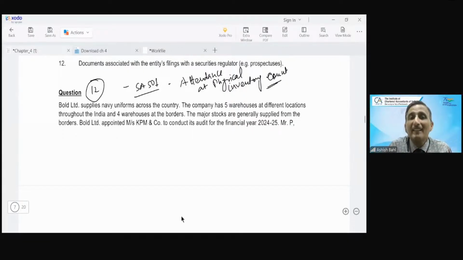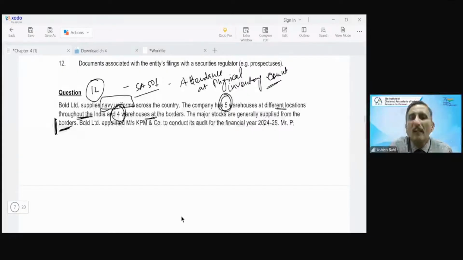Gold Limited supplies Navy uniforms across the country. The company has 5 warehouses at different locations throughout India and 4 warehouses at the border. So 5 are in the mainland and 4 warehouses are at remote locations near the borders. Major stocks are generally supplied from the borders.